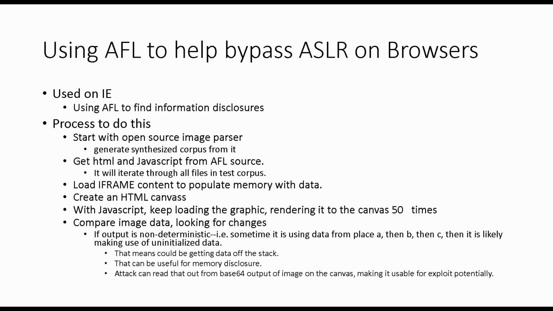So how do we do this? How do we start that? We could start with an open source image parser, maybe generate a synthesized corpus from it, go into the queue from the outputs, and see what it generates. Get some HTML and JavaScript from the AFL source, iterate through all the test files in the test corpus, load the iframe content to populate the memory with data, and create an HTML canvas.